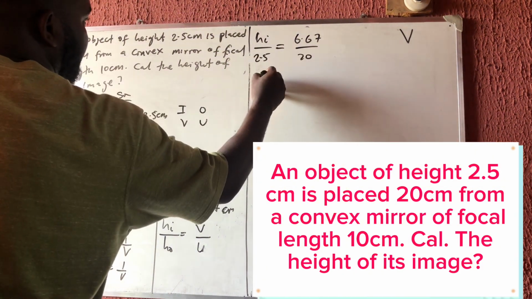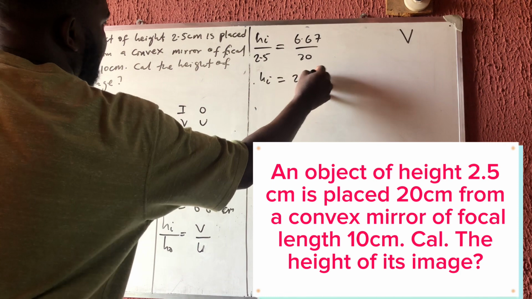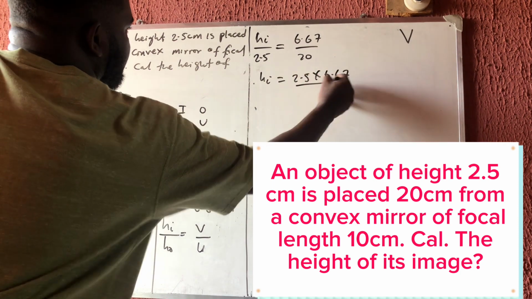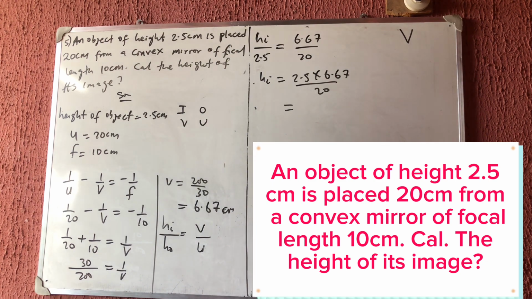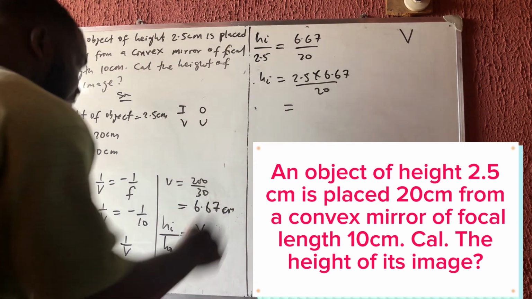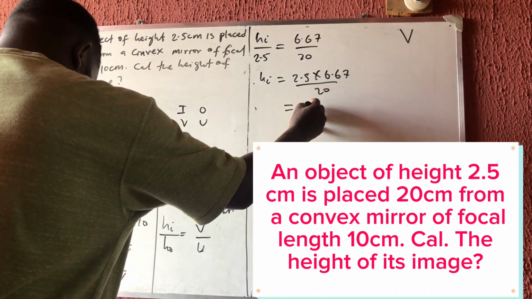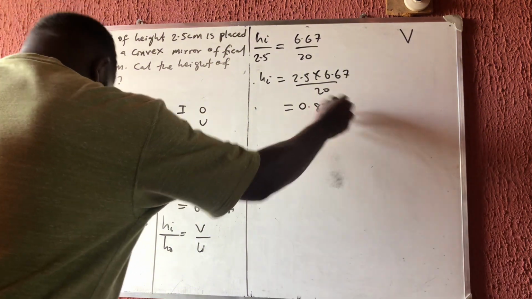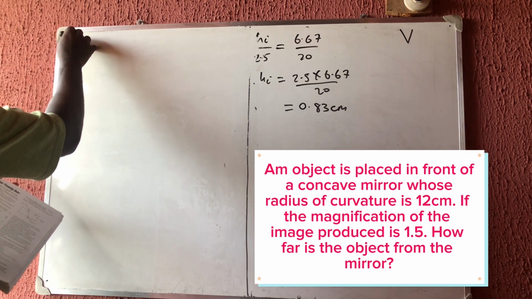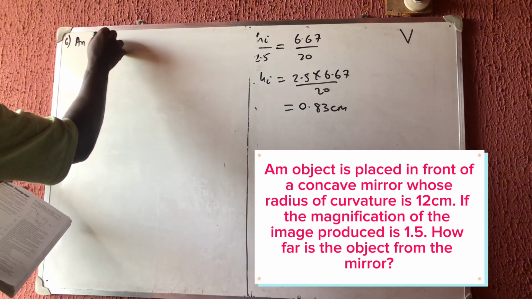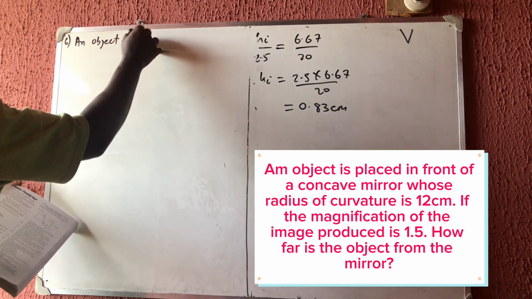If I cross multiply, hi will be 2.5 times 6.67 divided by 20. So what do we have? I'm going to have 0.83 cm.